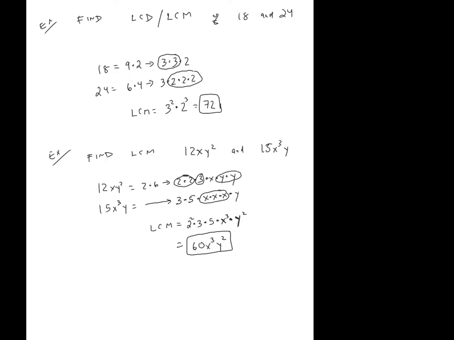Okay, but let's really look at these problems in regards to what we've been doing. We've been factoring, right? So these are some nice, simple problems to start off with. But let's take a look at finding some LCMs of polynomials.